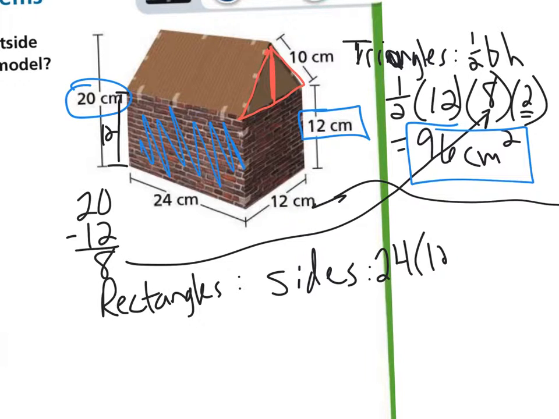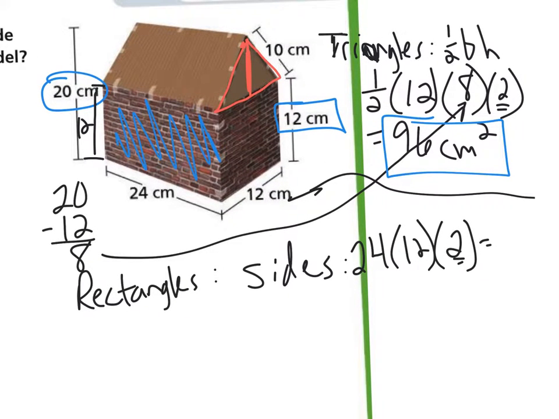And how many of those do we have? 2, good. So we're going to do 24 times 12 times 2. That's 576 for those 2 rectangles. Okay, those are those 2 sides.